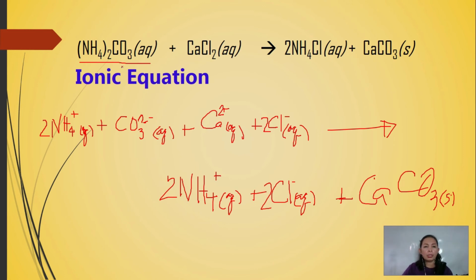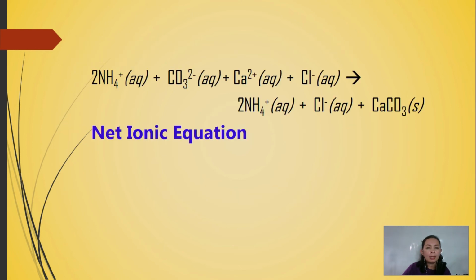of the reaction between ammonium carbonate and calcium chloride. So let's now try to write the net ionic equation by canceling all the spectator ions. Let's check if this is a spectator ion. So do we have the same in the product side? Yes. We have carbonate.